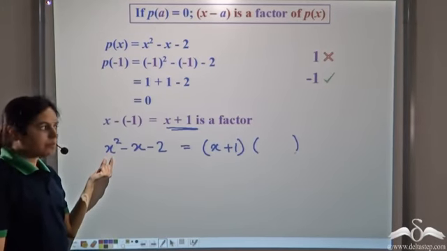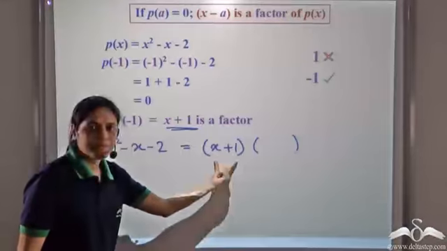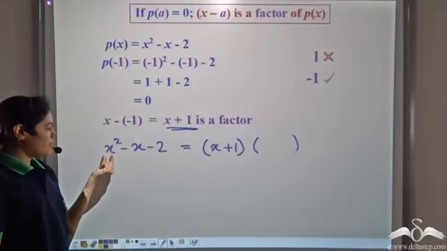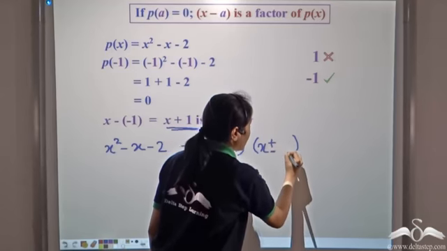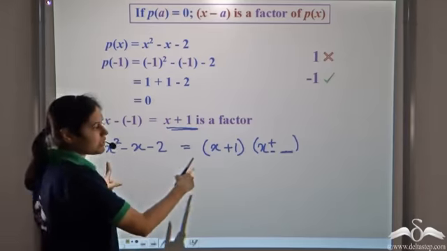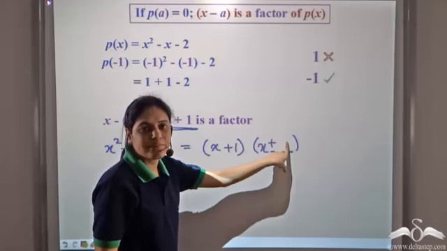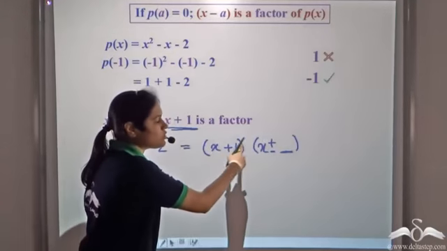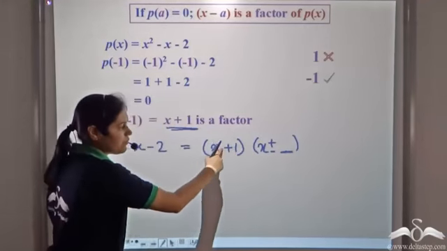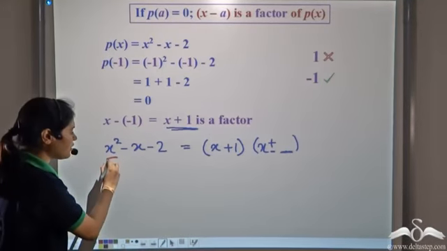Since we have an x square term here and this is x plus 1, we'll have some more factors here. We need to have x plus or minus something here in order to get this x square, because if we have a factor of the form x plus or minus something, then this x into this x will give us x square, which is what we have here.